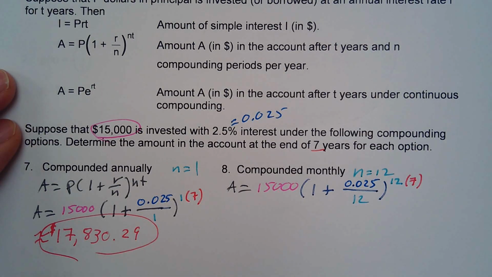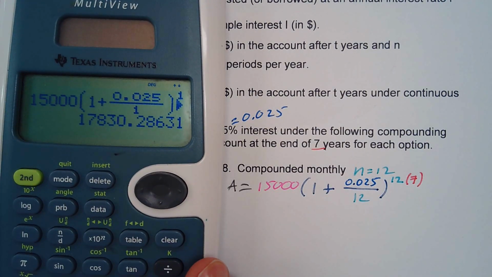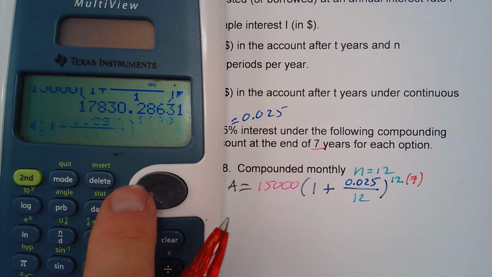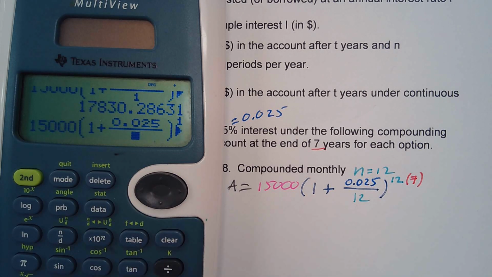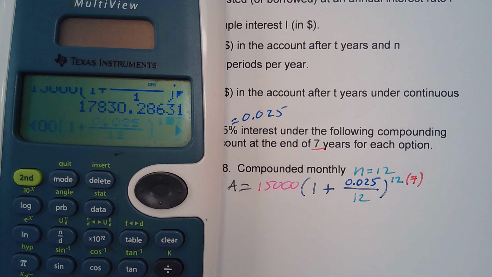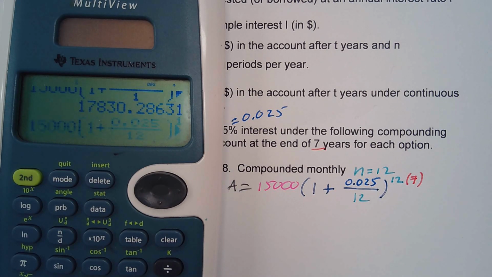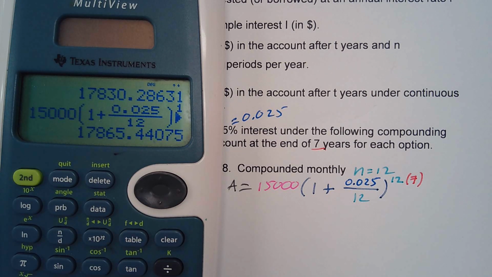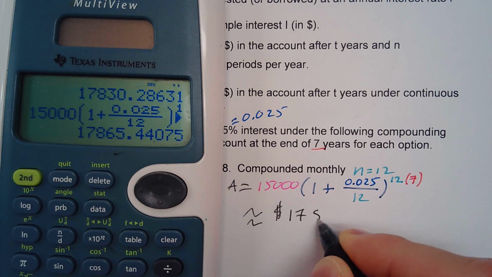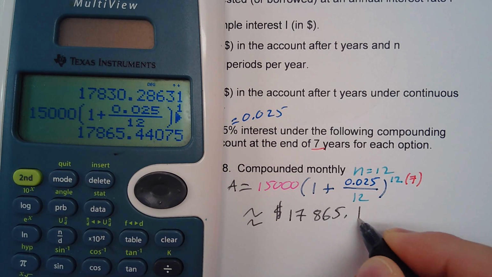Now, I don't want to retype this whole thing, so we're going to cheat a little bit. I'm going to hit my up arrow key until I've got that highlighted. Hit enter. Notice it puts it down. So now I can just arrow over here, change that 1 to a 12, and change this part, 12 times 7. And so then rounding this off, this would be $17,865.44.